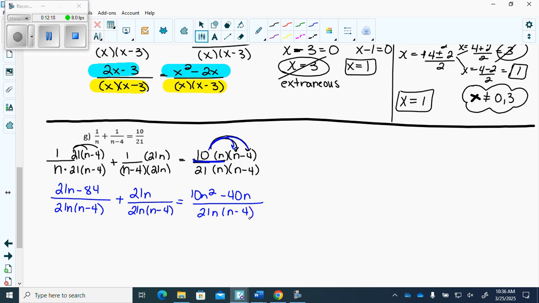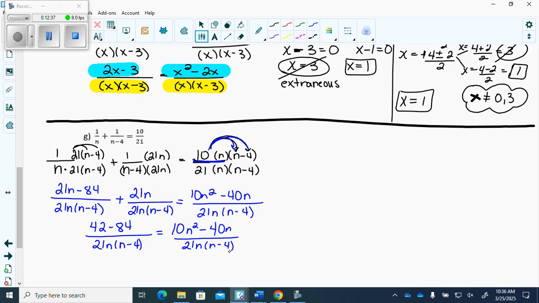So in this one I get 21 plus 21 is 42n minus 84 over 21n n minus 4. And then this one I get 10n squared minus 40n over 21n n minus 4.